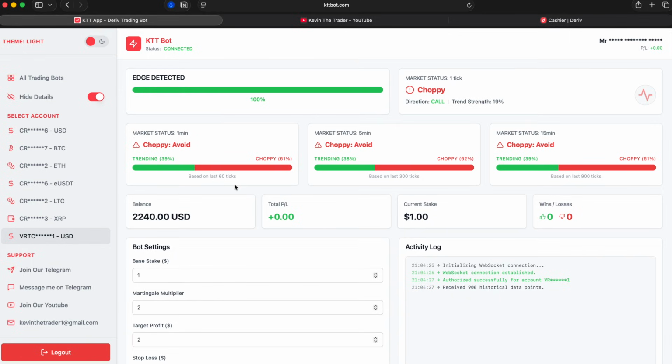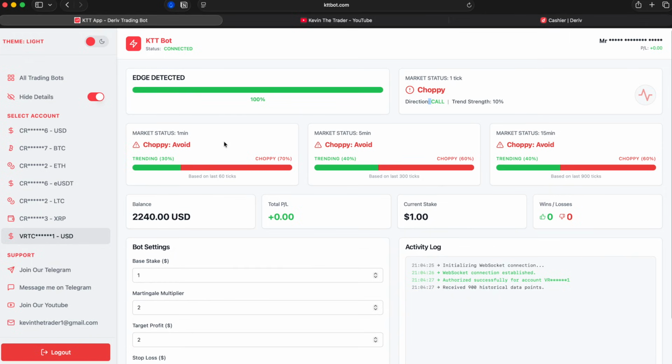So with this call and put, as you can see, this is a put. For the call and put bot, you only take trades when the market is trending above 30% for 15 minutes, 5 minutes and 1 minute.